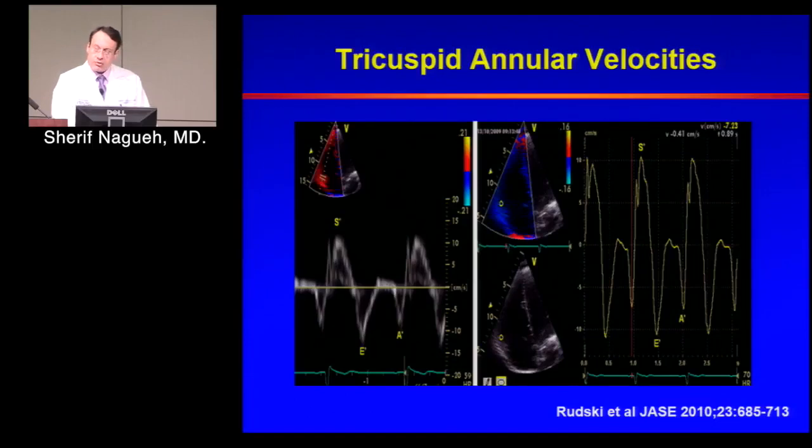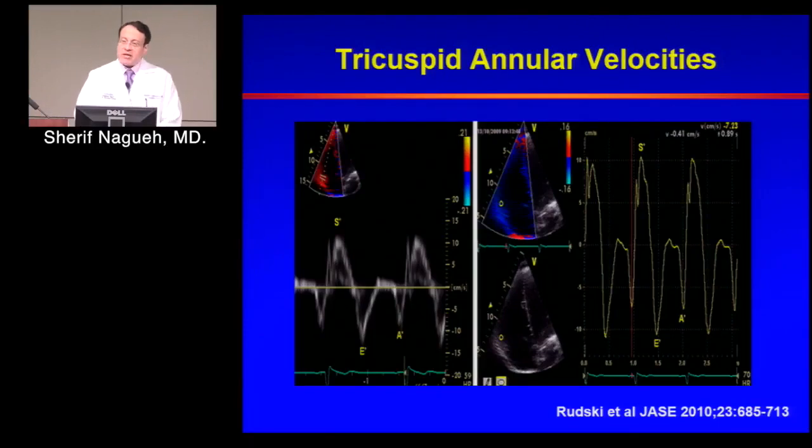S prime obtained by color tissue Doppler has a lower value. The normal value recognized for S prime by color is about 6 centimeters per second, so values less than that are abnormal. For pulse wave Doppler, the normal values are around 9.5 centimeters per second. So if you have higher values than that, the function is supposedly normal.